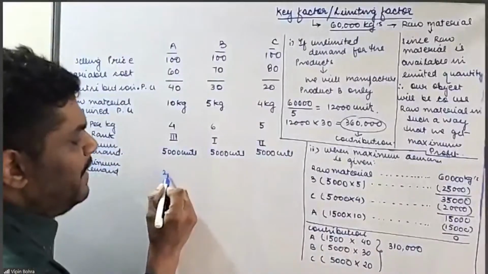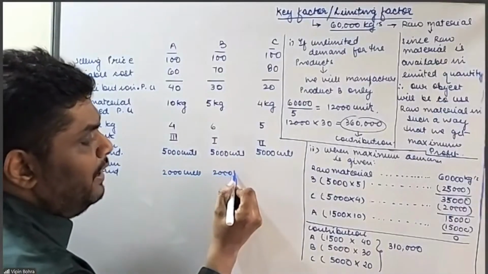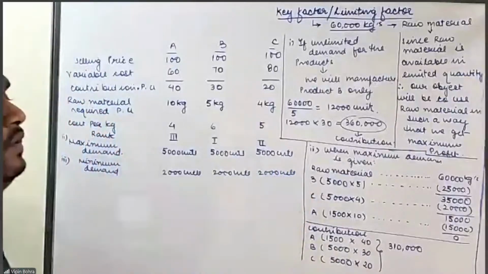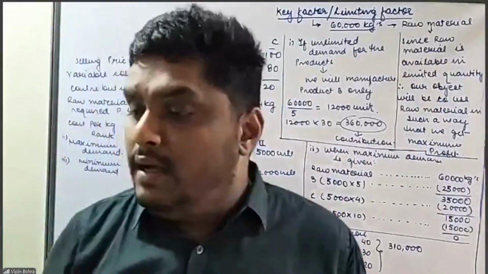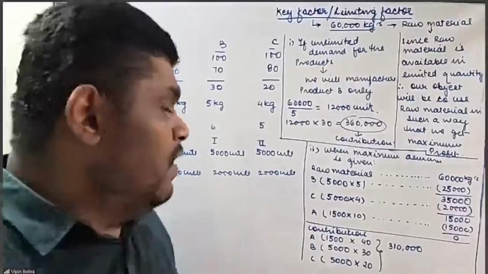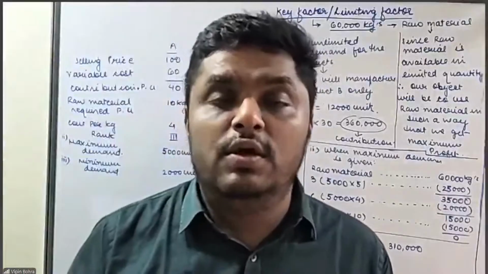And the minimum demand is, let's say, 2,000 units only. It means you have to manufacture at least 2,000 units of a particular product. Sorry, for every product you have to manufacture minimum 2,000 units.